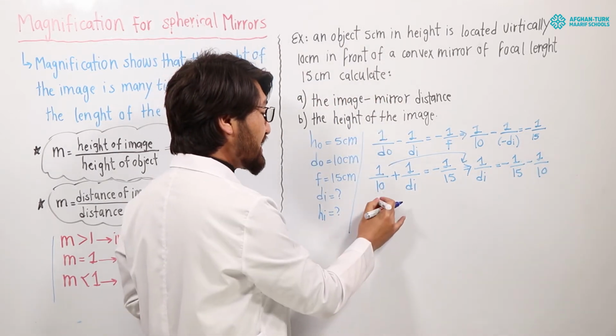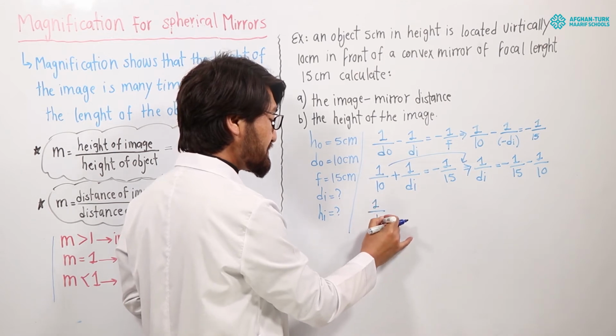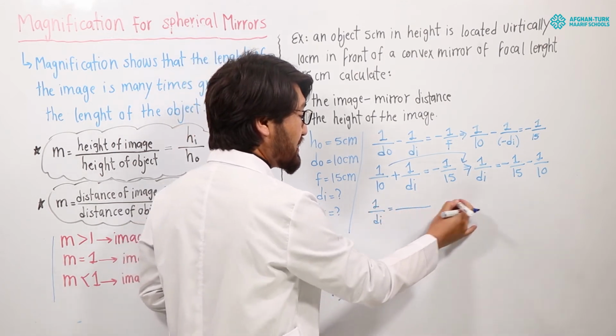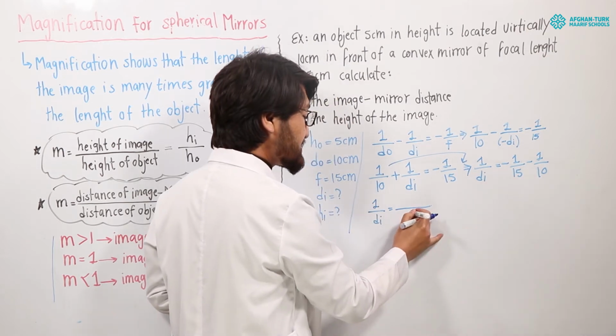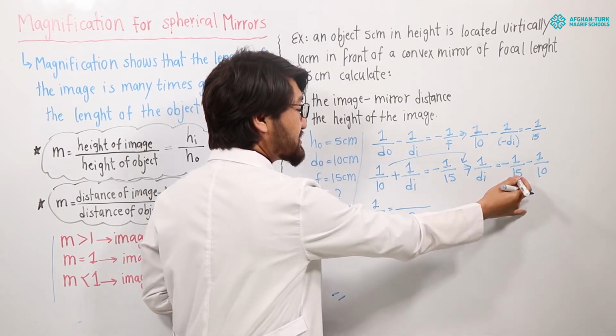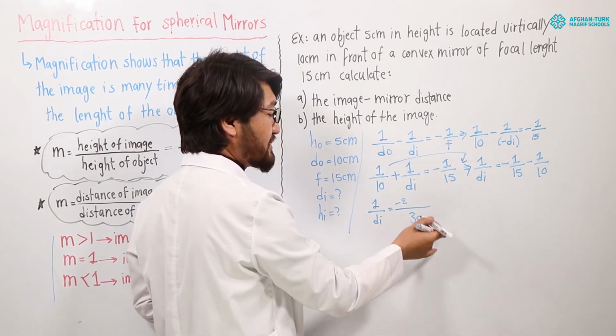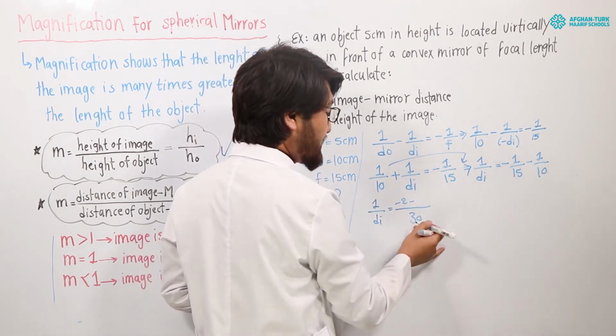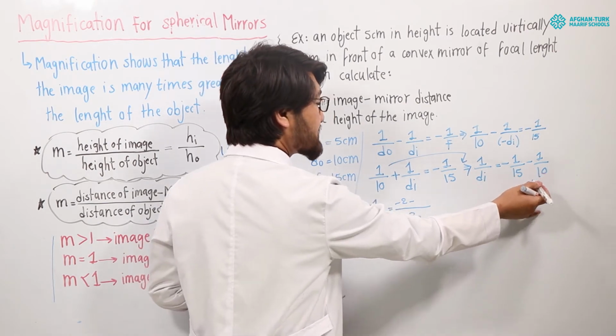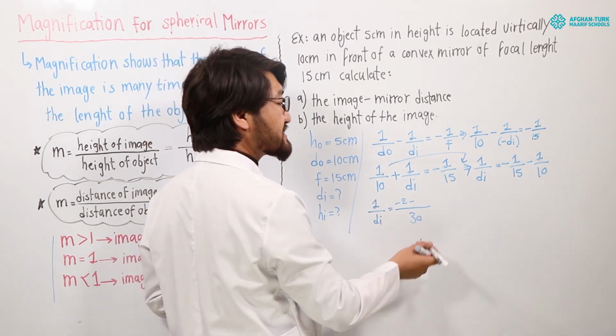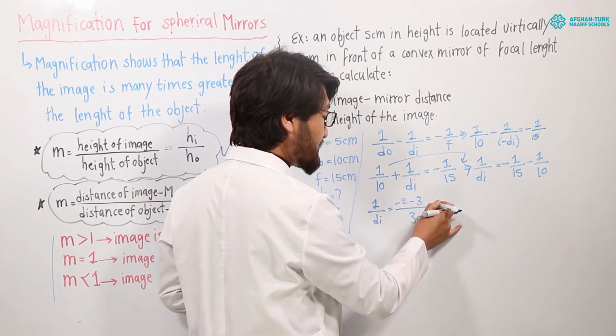1 over DI is equal to, LCM of these numbers is 30. 30 divided by 15 is 2, 2 times 1 is 2, minus 30 divided by 10 is 3, 3 times 1 is 3.